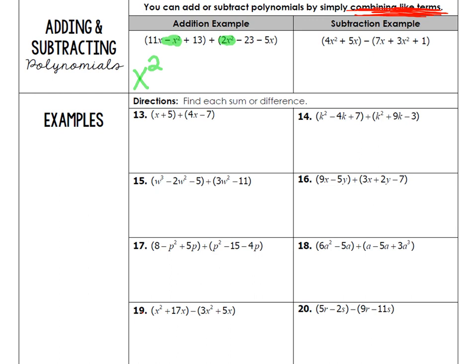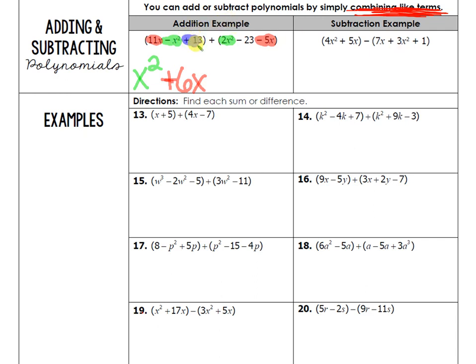Then I'm looking for my next highest exponent, which in this case is just an x by itself. So 11x and negative 5x. Well, 11x minus 5x is a positive 6x. And then we're going to combine our constants.